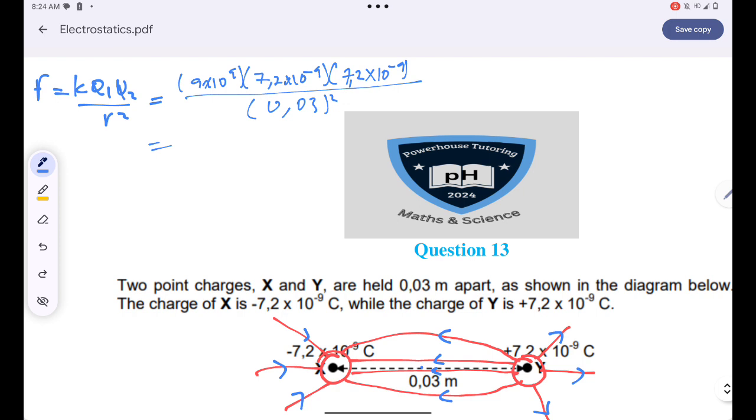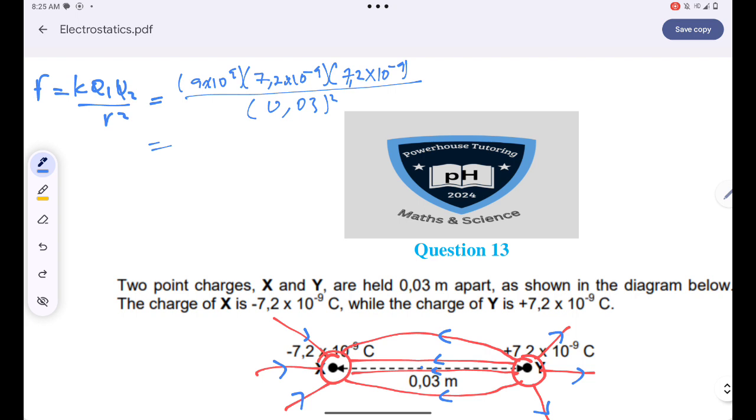And then when I punch my calculator, I simply get 9 times 10 to the power 9, and then 7.2 times 10 to the power negative 9, squared, divided by 0.03 squared.